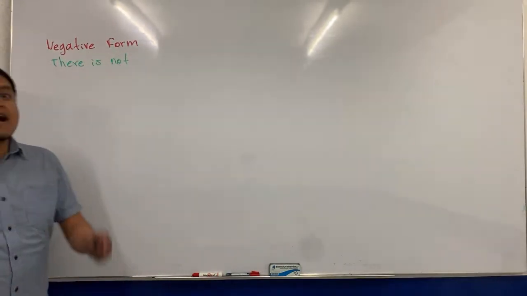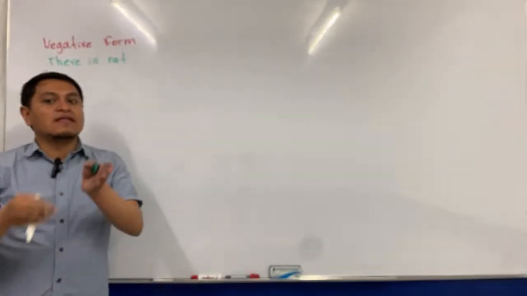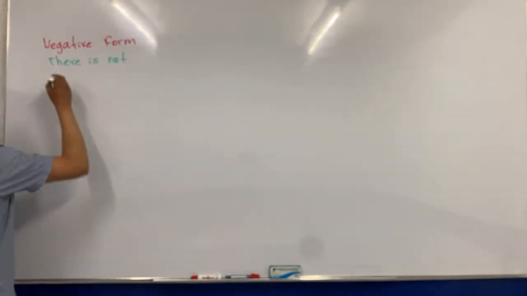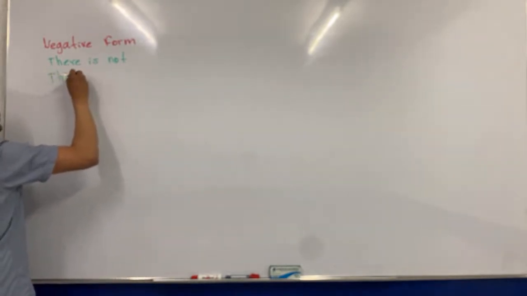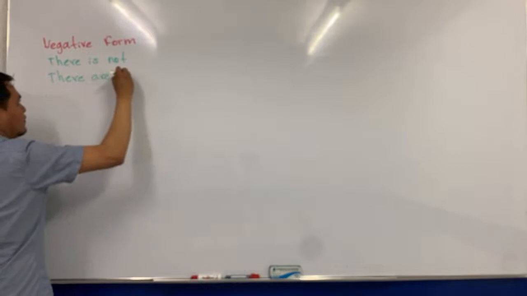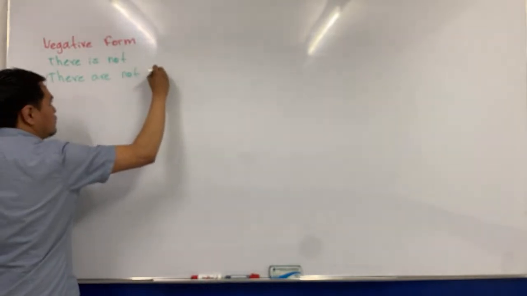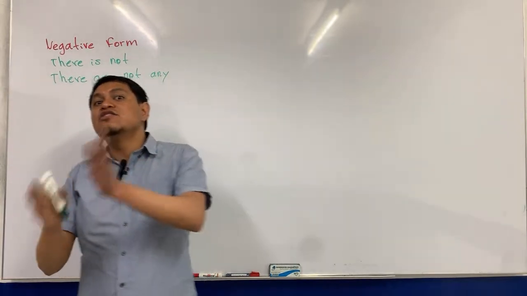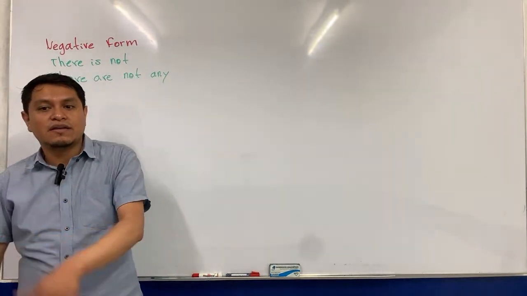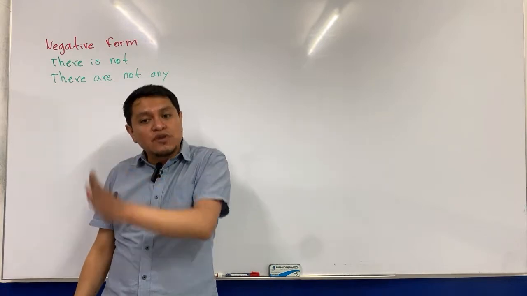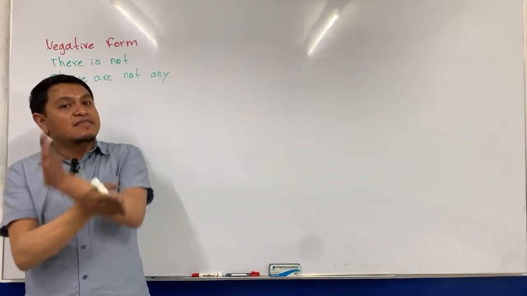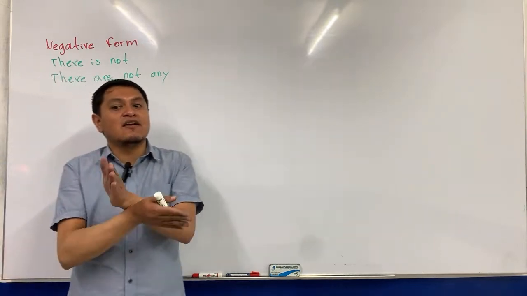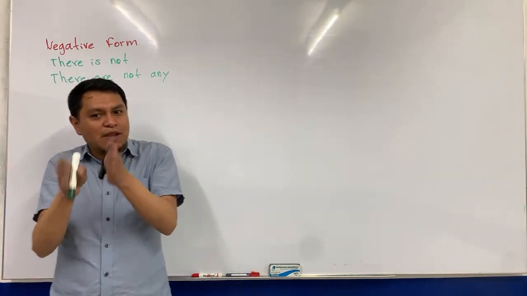And negative for are, there are not any, right? We are expressing that something doesn't exist or that something is not located in a specific place.